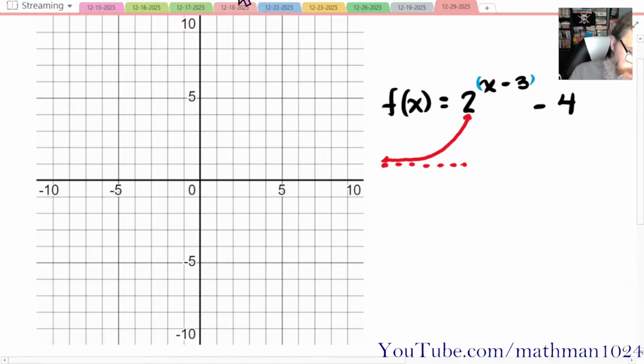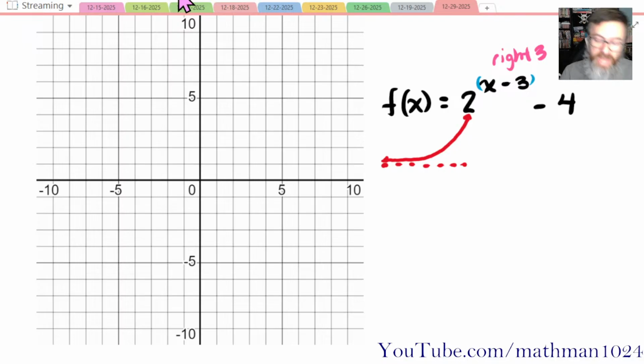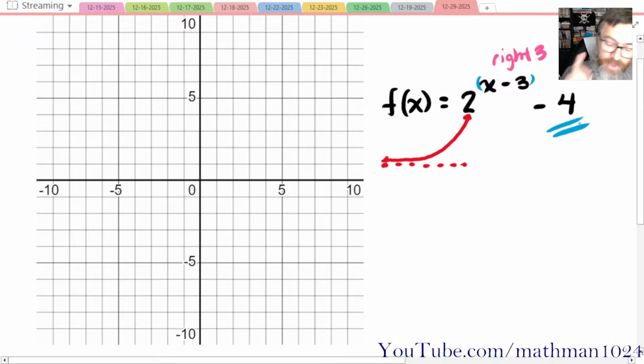And because I see the -3 there, this -3 tells me that I'm going opposite of what I see. So it means I would go to the right 3 units. And the -4, which is completely outside of the power function, we do exactly what we see here, which means we're going to shift down 4 units.